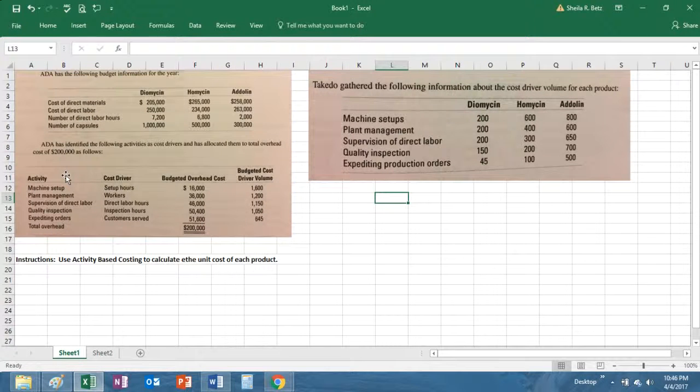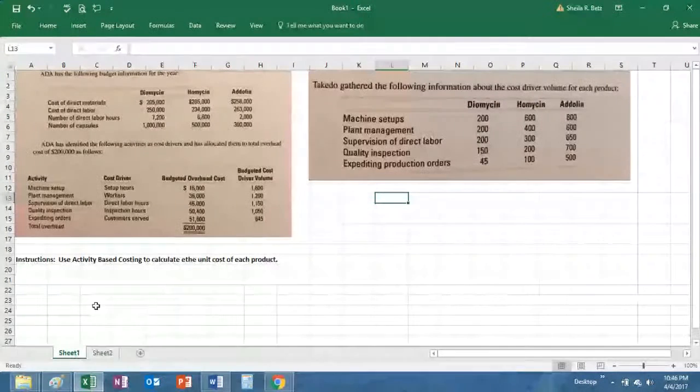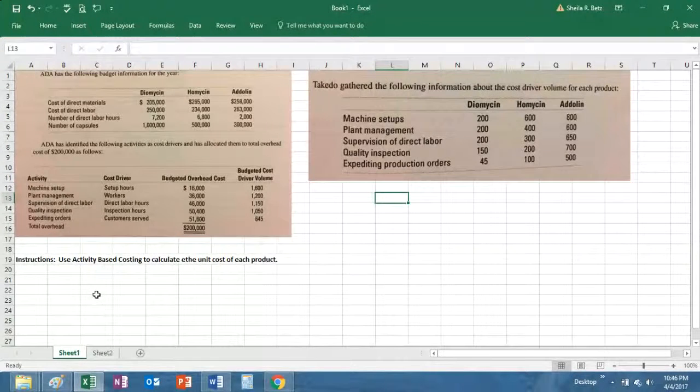With activity-based costing, we're still looking at the same total amount of overhead, and we're still focused on how we divide it up to our product lines. But now we're going to break the overhead up into categories, usually called cost pools.